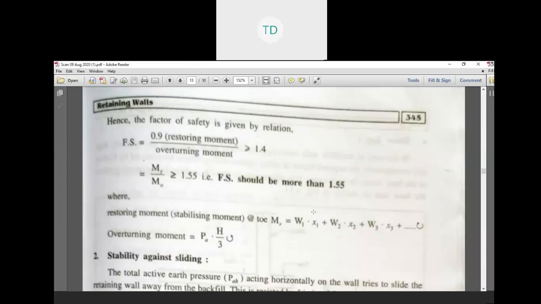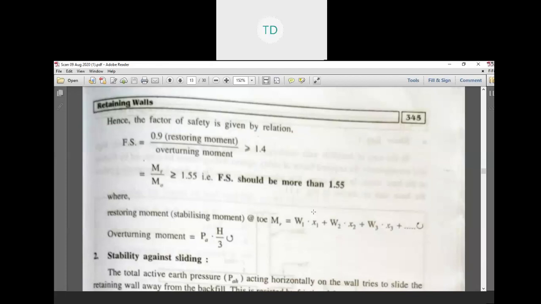Factor of safety should be more than 1.4, where restoring moment about toe is equal to W1 into X1 plus W2 into X2 plus W3 into X3 plus so on. Similarly, overturning moment is PA into H by 3.